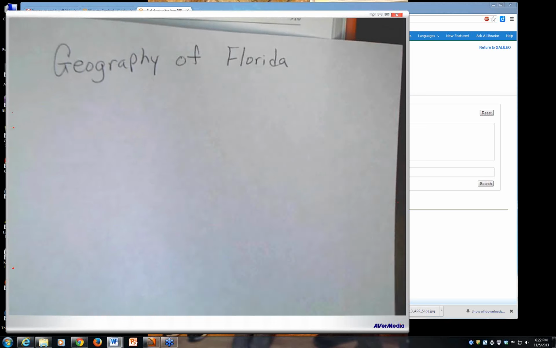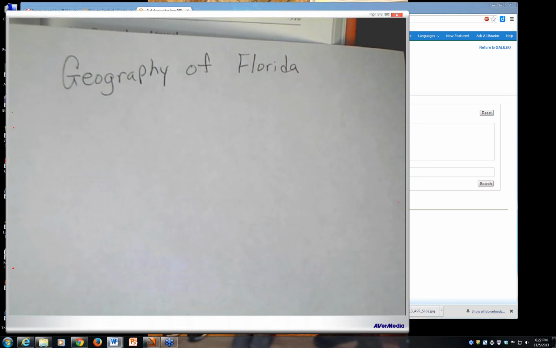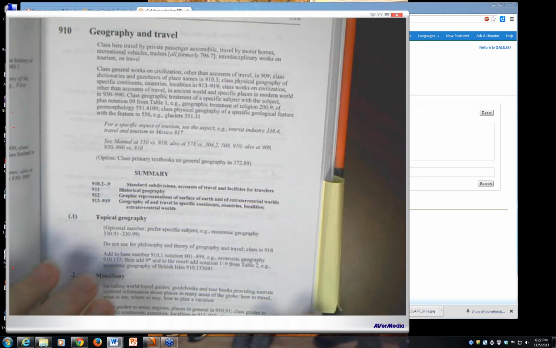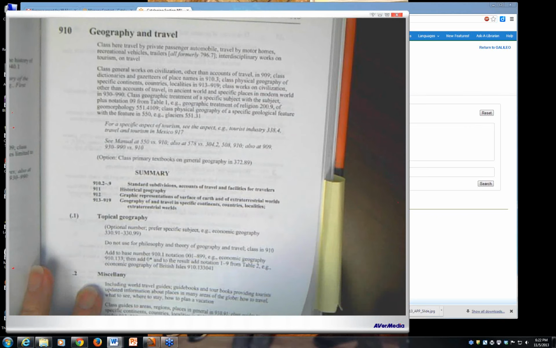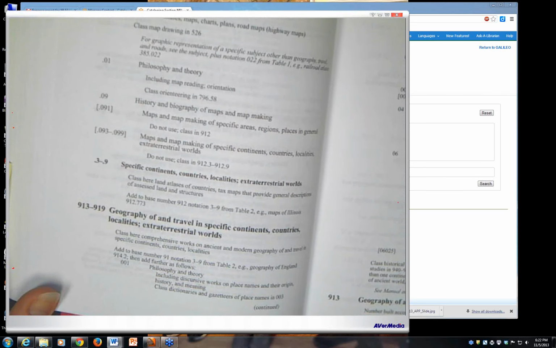This is a specific area. It's a state. It's a locality. It's Florida. So we're told to go to 913 to 919. So we're following our path to get to the right number. And here's 913 to 919.